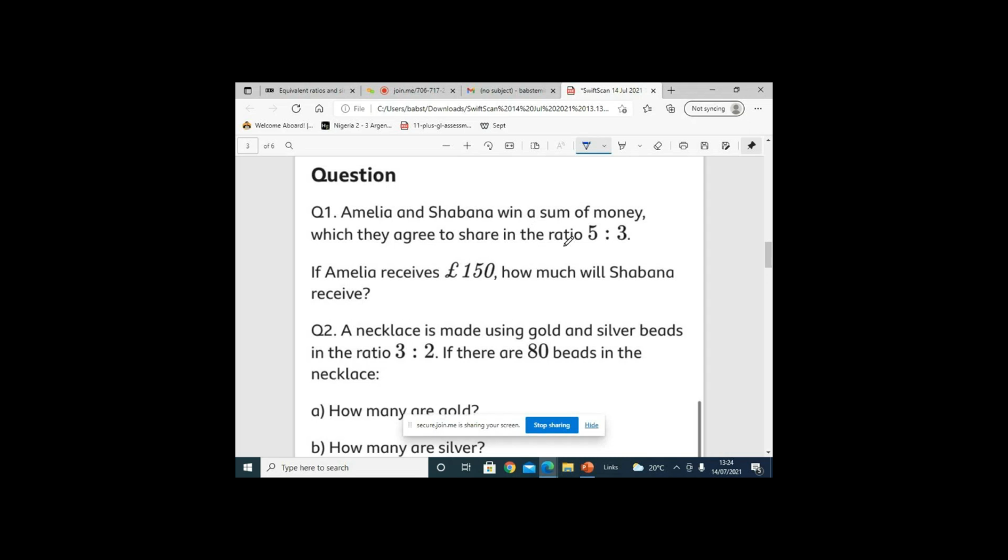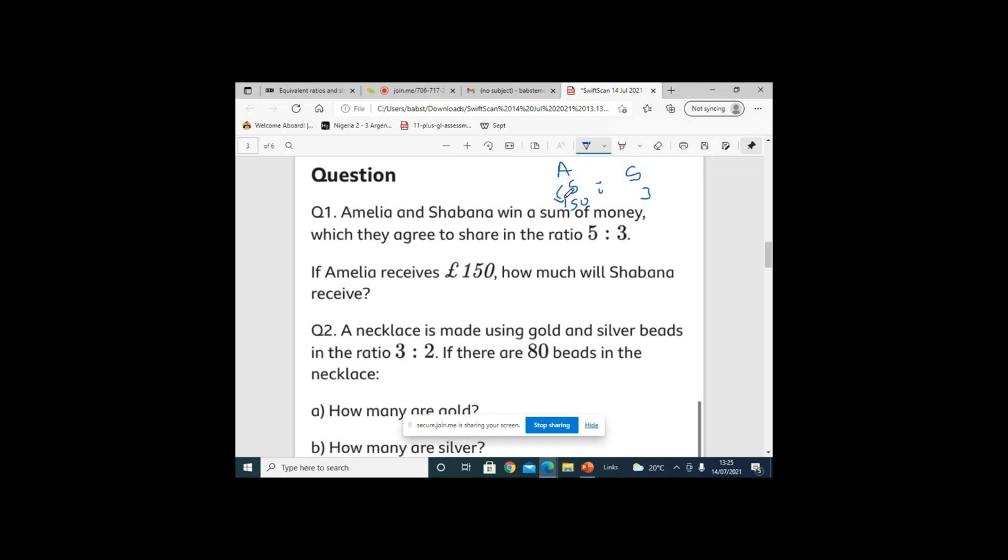Amelia receives 150. The best way is to write Amelia, Shabana, ratio 5 to 3. They say Amelia receives 150.